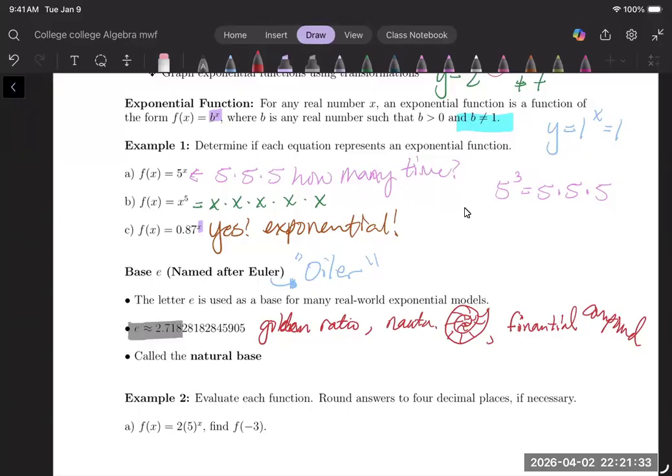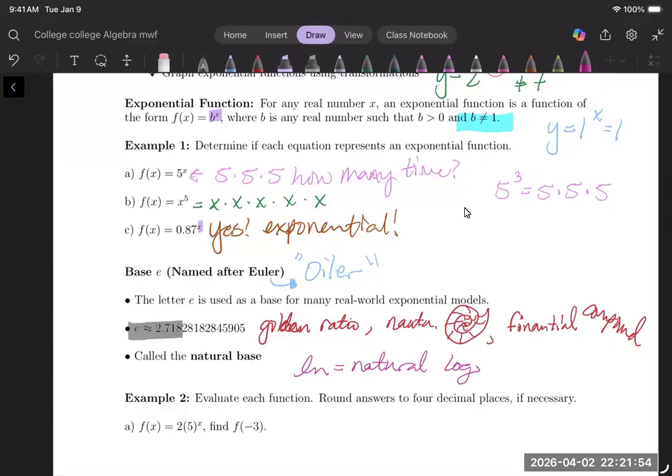Hopefully that is intuitive for your brain. In a couple of days, we will talk about the ln, which stands for natural log. Fun fact, it is the inverse to e. Inverses undo each other, right?